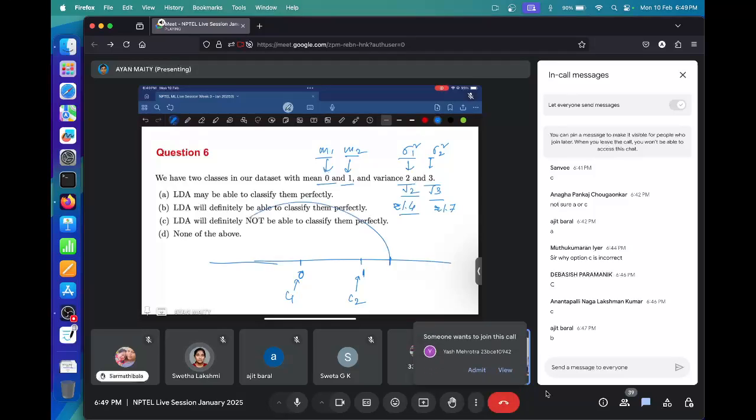So most of the points for the first class would lie within this range. This is 1.4, which already covers the centroid for the second class. And for the second class, where the mean is 1 and the standard deviation is 1.7, it would be something like this.